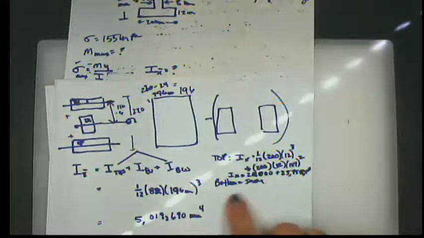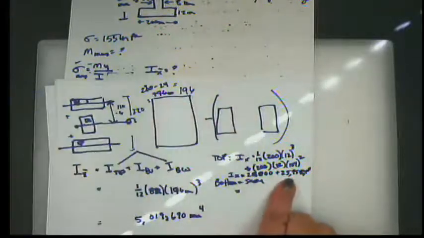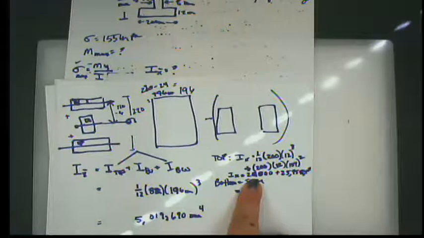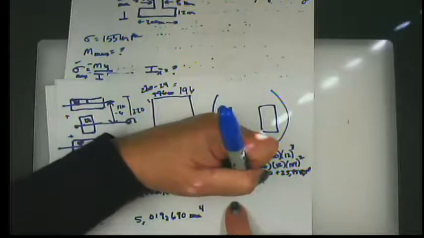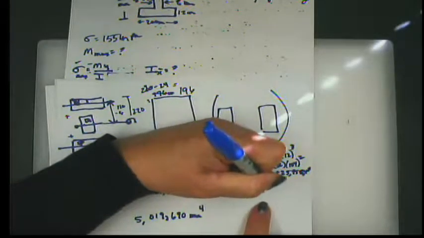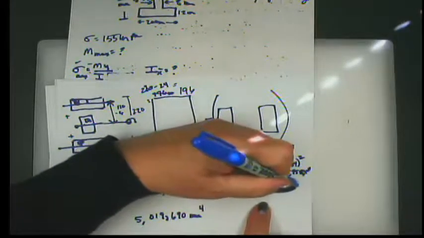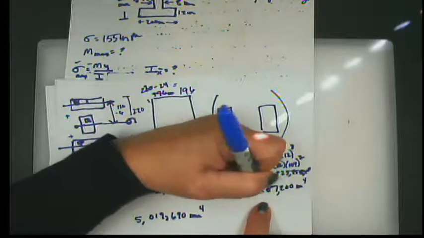The top is the sum of those two numbers, with 28,800, so each one of those pieces is 25,987,200 millimeters to the fourth.